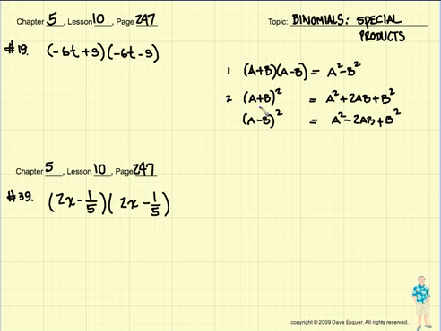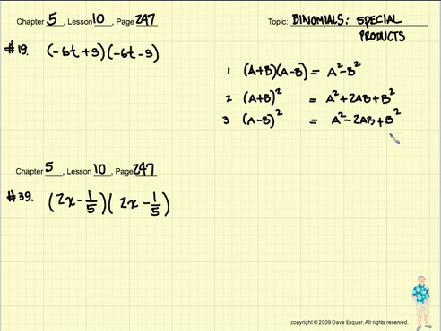Rule number 2, if we have a binomial and all we do is square it and there are plus signs in between the two terms, we square the first term, we square the second term, we multiply the two terms together, a times b, and then we multiply that entire thing times 2. Rule number 3, if we are squaring two terms and there's a minus sign in between them, we do the same thing as in rule number 2.